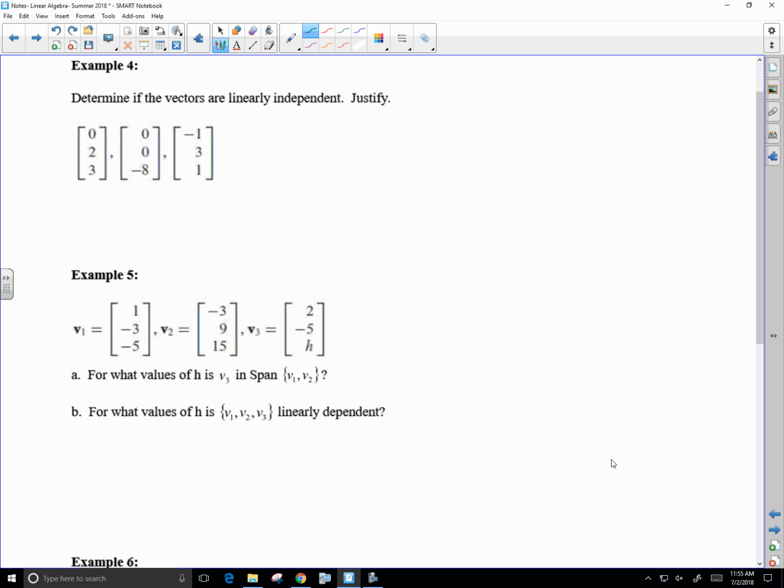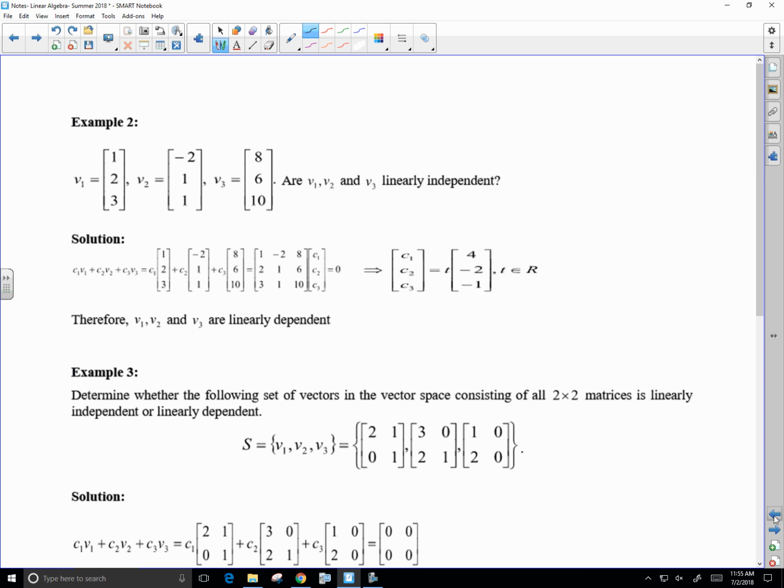All right, so yeah, it's the same idea. This is really the same question, right? So you're going to create a linear combination to make a determination of whether you're dealing with a dependent or independent system.